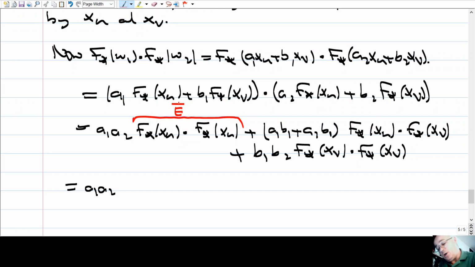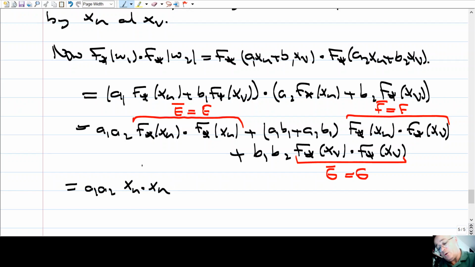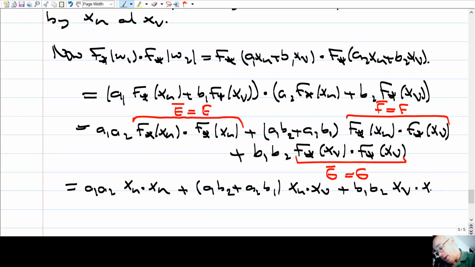So this is E bar, but I know that this is equal to E. Similarly, this is F bar, but this is equal to F, and this is G bar, but that is equal to G. So what we see is that instead of this, I can just write x sub u dot x sub u, because E bar and E are the same, and similarly this is a1 b2 plus a2 b1 times x sub u dot x sub v plus b1 b2 x sub v dot x sub v.